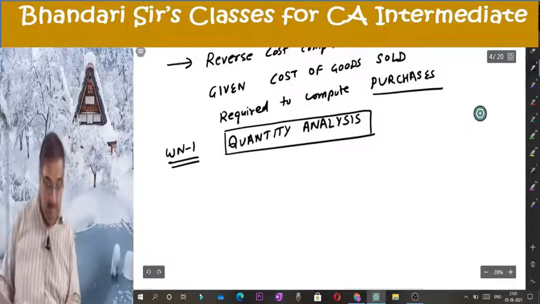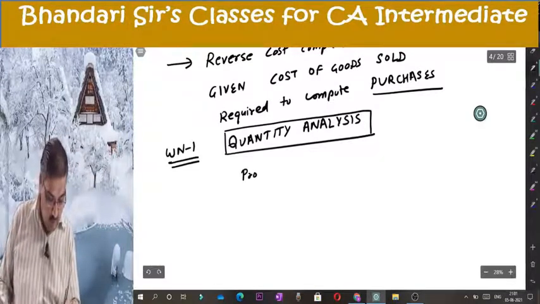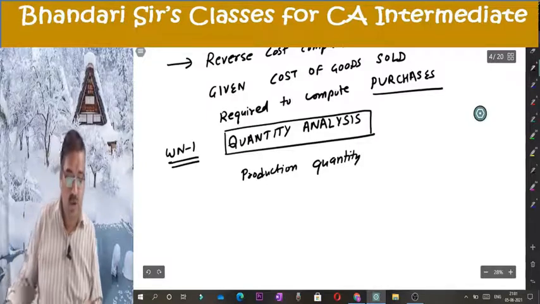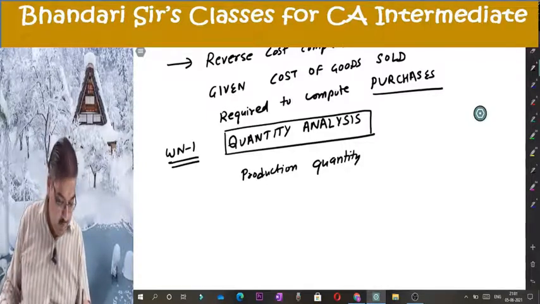So here, given production quantity, it is given in the question at 1 lakh units.